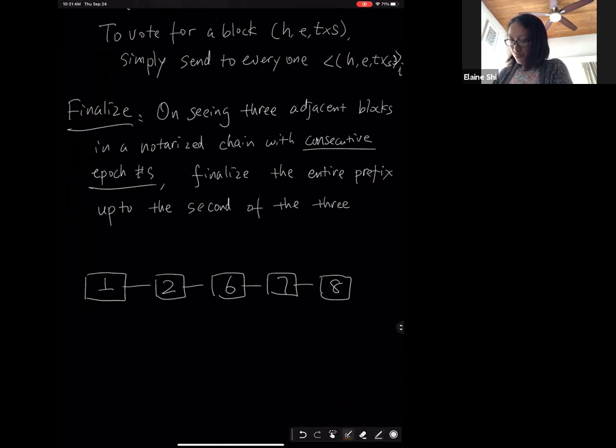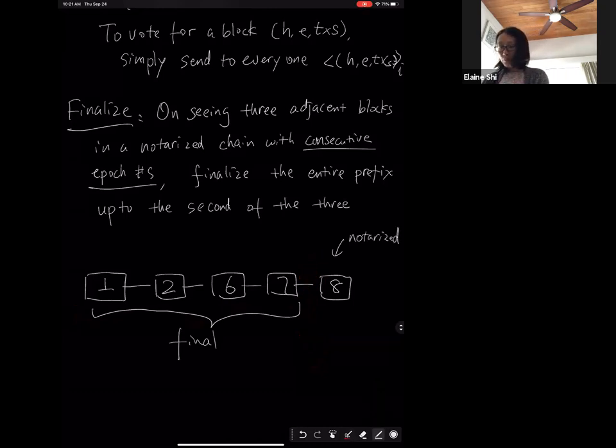And in this case, I do see a good pattern, right? Because I see 6, 7, 8 appearing together. They're adjacent and they have consecutive epoch numbers. In this case, I will chop off the last one. So 8, in this case, is not final yet, but the entire prefix is final, right? So in this case, let me draw that this is final.